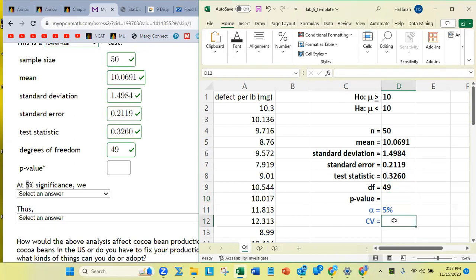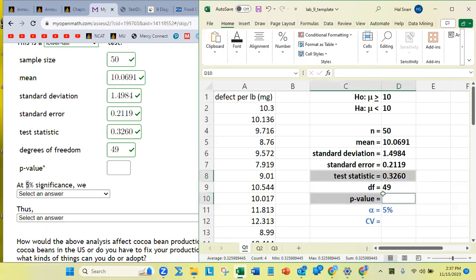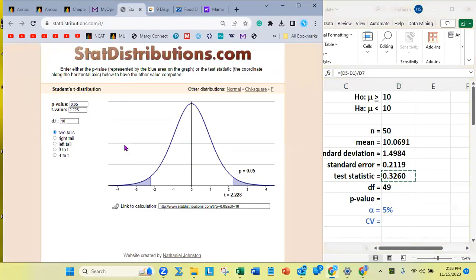The critical value, the alpha level, is the probability of being outside the critical value, right? So these two go together, like the test statistic and the p-value go together. Okay. So to find the p-value, I got to put the test statistic into statdistributions.com.